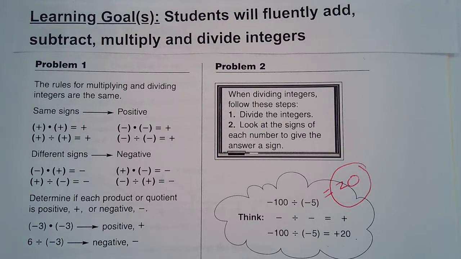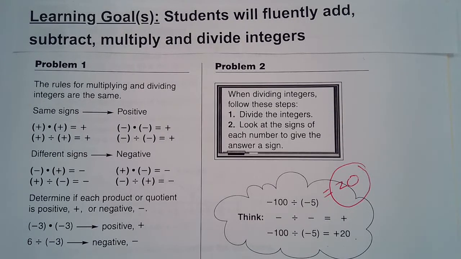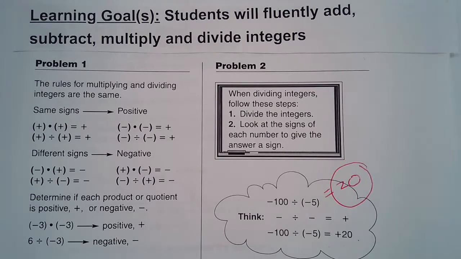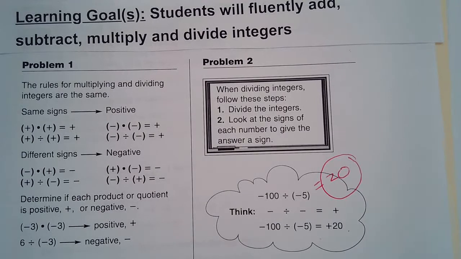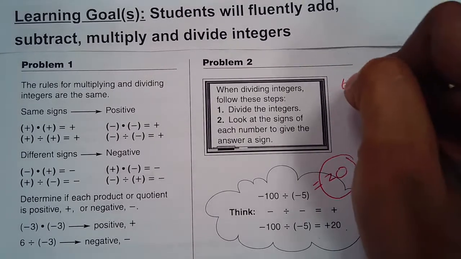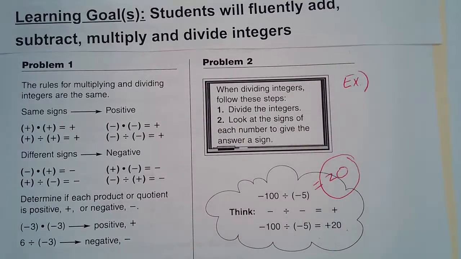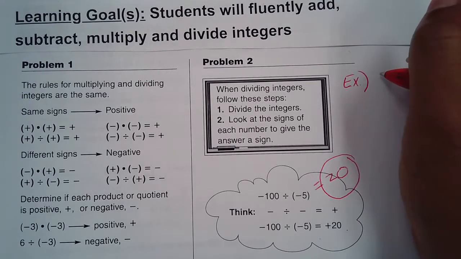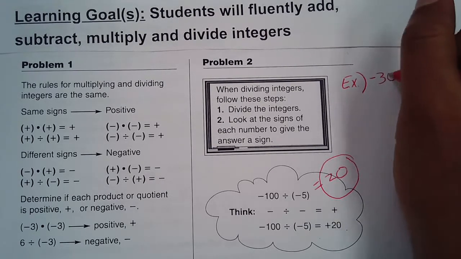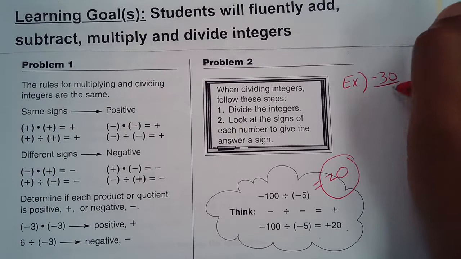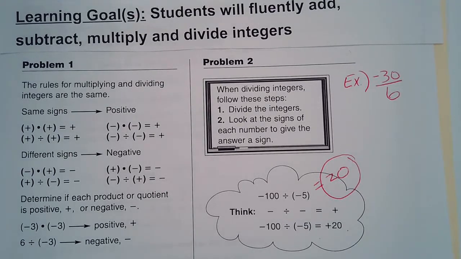All right, so let's practice a couple more. I'll just write them here. So let's say we have negative 30 divided by 6. Again, let's apply the rule.